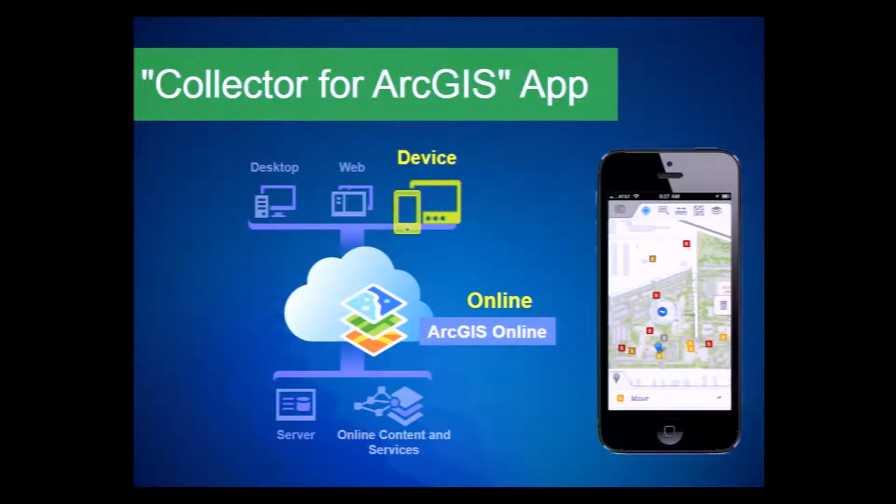Now, a lot of people think that when we say ArcGIS Online, that means you have to put your data on the public cloud, which is true in one sense, but at the same time, everything I'm going to show you today, you can have completely on your own servers, on-premise. So you don't have to share your public data or your secure data on the public cloud.